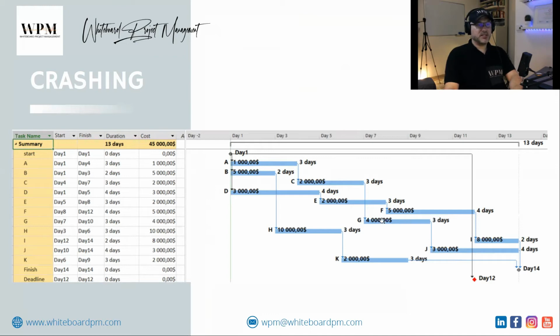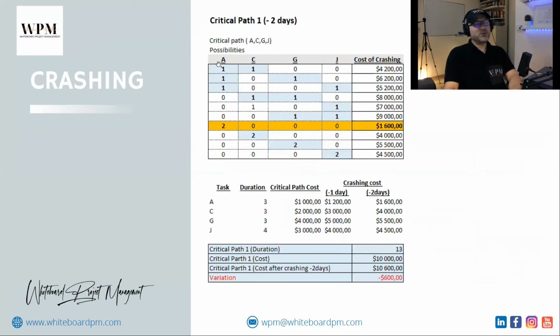This is 4 days, 3 days, 3 days, 3 days. So either you take 2 days from one activity, or you take 1 day from one activity and another day from another activity. Okay, so these are the possibilities which could happen, A, C, G, and J.